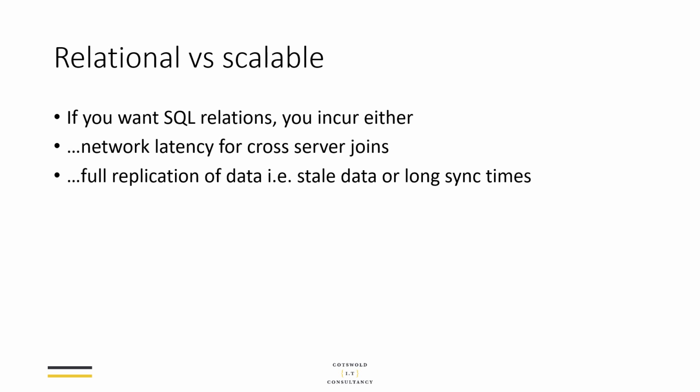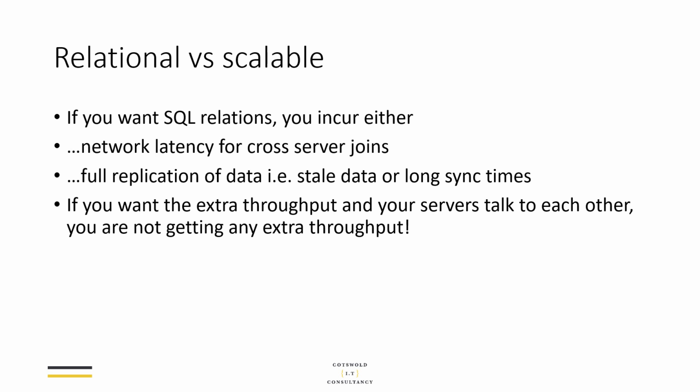Or the alternative is you duplicate all of your data across all the servers, which is great, but then when I update one database, I either need to wait to update all the other databases, or I risk having stale data on some of the replicas while that process takes place asynchronously. So you've got a lot of things that you're playing off here.